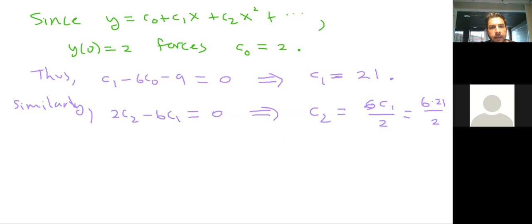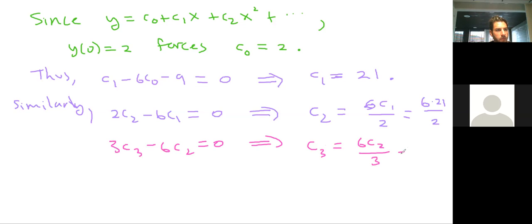What was the next guy? The next guy we had was 3c sub 3 minus 6c sub 2 equals 0. What can we say about c sub 3? Well, that tells us that c sub 3 is equal to 6c sub 2 over 3. And then what's c sub 2? Now watch how I write this, because we're looking for a pattern.